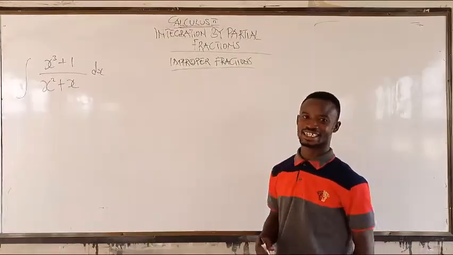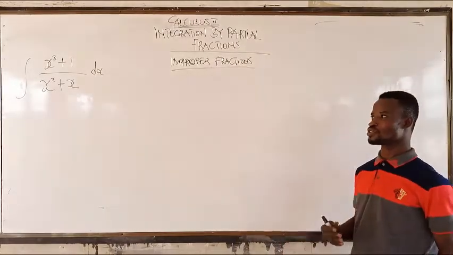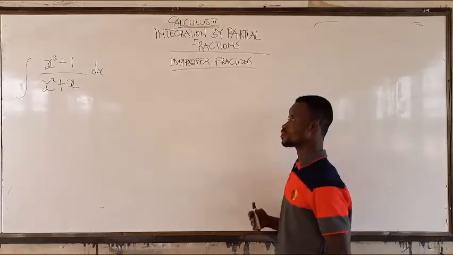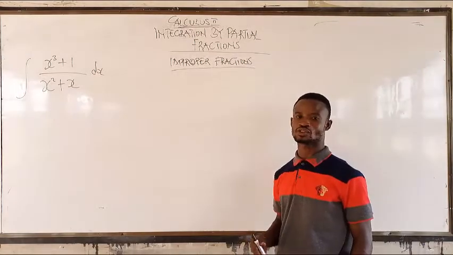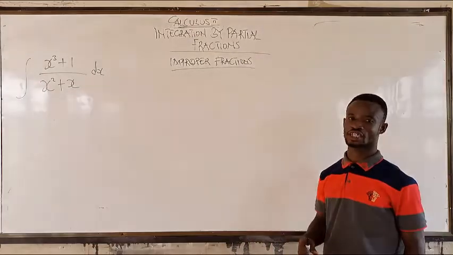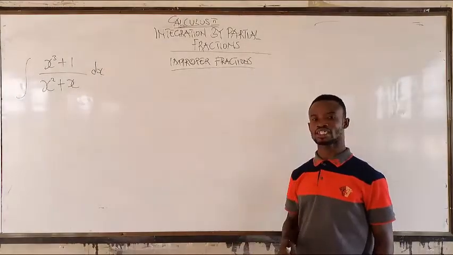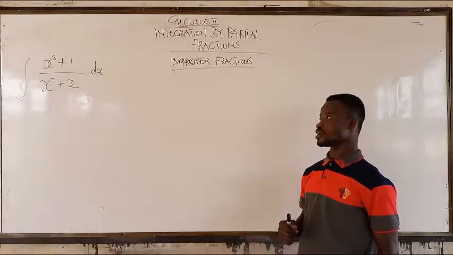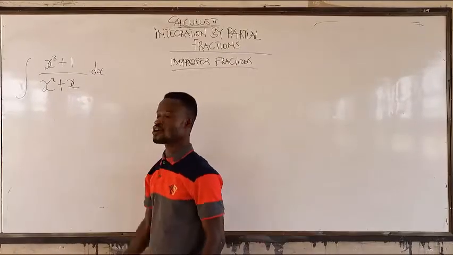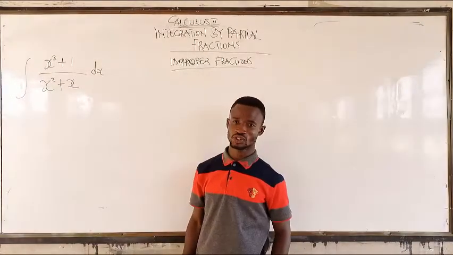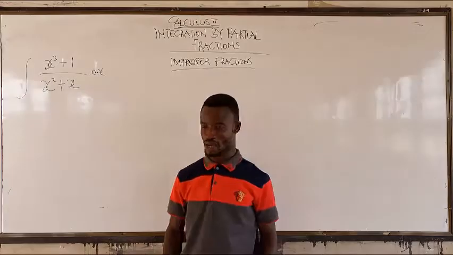We're saying that if the power of the degree or the power of the numerator is greater than the one in the denominator, that means that you can't solve it with a partial fraction decomposition unless you do long division.